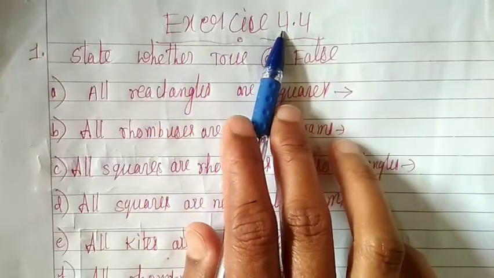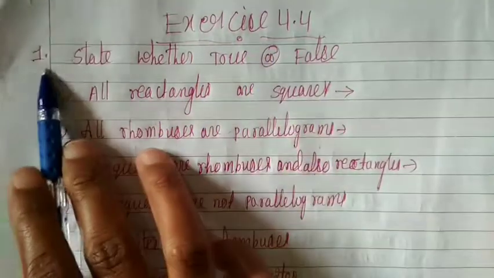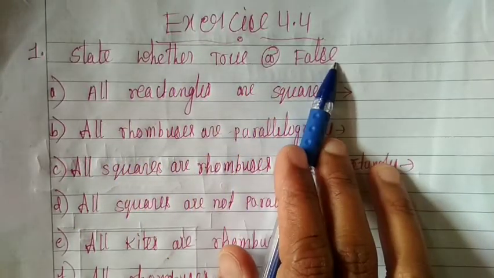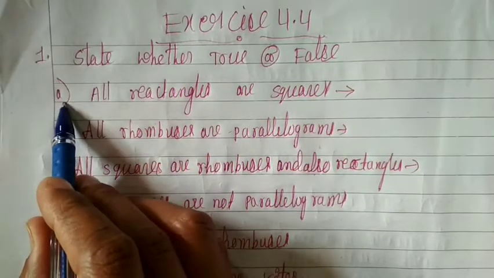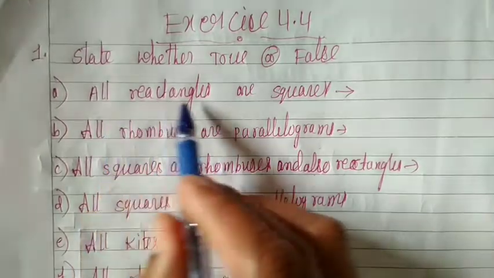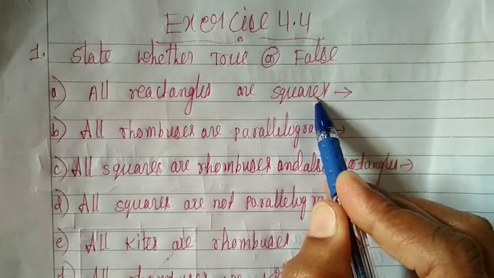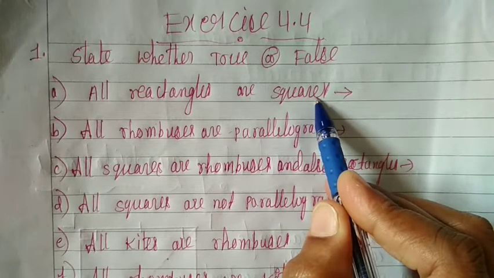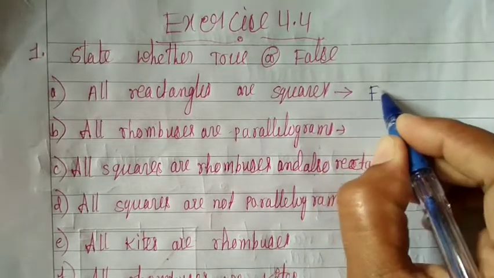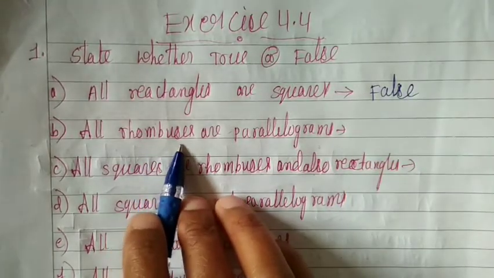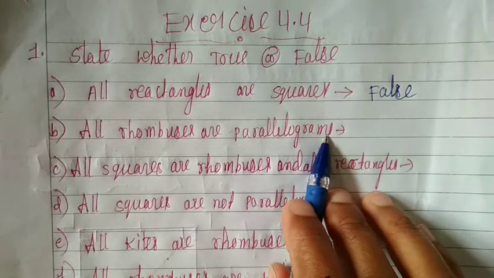Exercise 4.4. First one, state whether true or false. The first one: all rectangles are squares. Dear children, all rectangles are squares? Yes, it is false. Second one, all rhombuses are parallelograms.